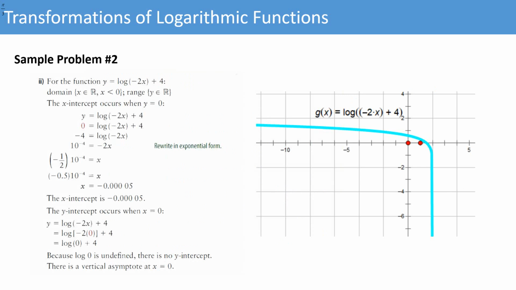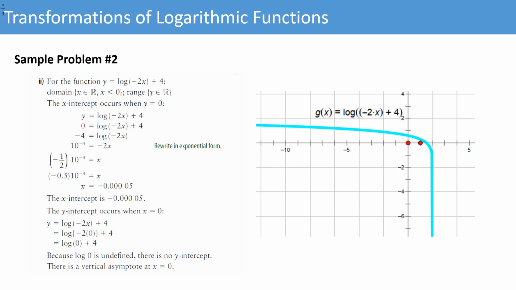Okay, one more quick one. For the function y equals log of negative 2x plus 4, the domain is x an element of the real numbers, x is less than 0, and the range is y an element of R. Start again by finding your x-intercept, and we find there that 10 to the negative 4 equals negative 2x, and that simplifies to negative 1/2 times 10 to the negative 4, which works out to be negative 0.00005, and that is our x-intercept.